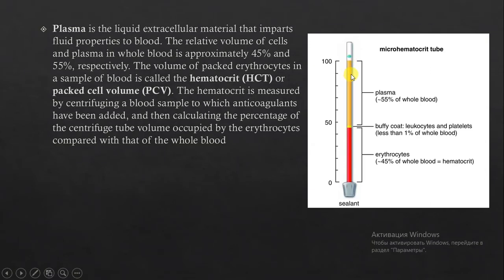It's a yellowish, slightly transparent fluid. It's not fully transparent, but yes, you can see through the plasma. It is yellowish because of remnants of bilirubin inside it. Bilirubin is produced in the blood, because bilirubin is a product of degradation of erythrocytes.